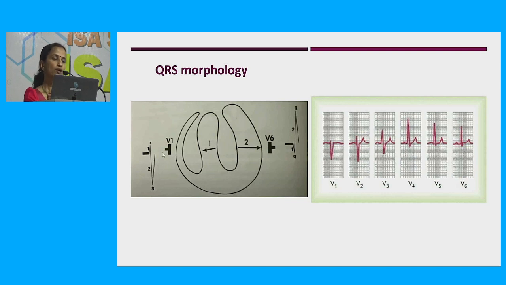And because the left ventricle has a thicker muscle mass, that impulse will be more. So in V1, the higher amplitude is going away from the electrode. That means it causes a negative deflection. Whereas in V6, since the activity is going towards the lead and the left ventricle is a thicker wall, that shows a positive deflection. That is the difference in the QRS complex in the chest leads.